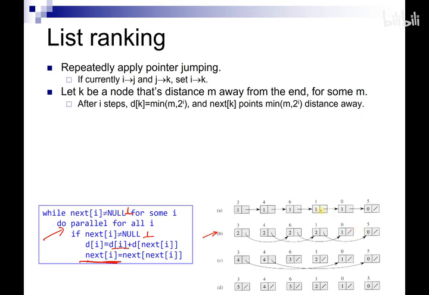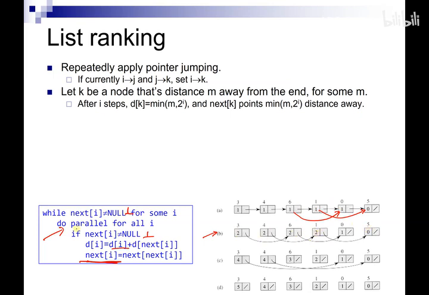On the other hand, this guy's next pointer is going to point at the next node from his next node, so he's going to point to the final node. And this node over here, his next pointer is going to point to the next node after the next node, so he's going to point over here. So then we have all of these new next pointers and these new distances.